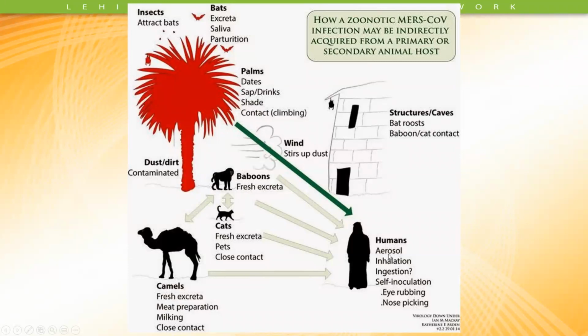Humans themselves can inhale this. They can self-inoculate by rubbing their eyes, picking their nose. They can ingest it in food. And then you can see how you can go from zoonotic to animal host to human being. It's a whole plethora. Like camels, people get milk from camels. They live with camels. They sleep with camels, things like that.